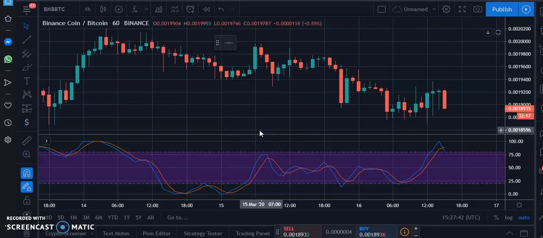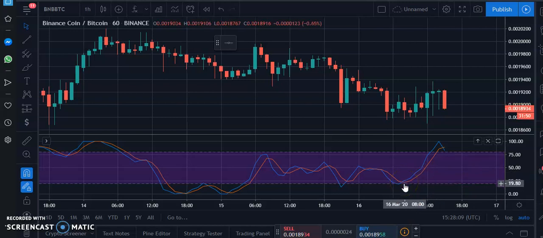So simply put, stochastic RSI helps us to know when the market is overbought and when the market is oversold. Okay, so when the market is above 70, the market is overbought. That means you should be preparing to sell. And when it's below 25, you should be preparing to buy.